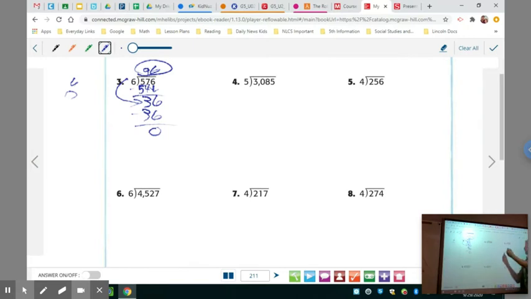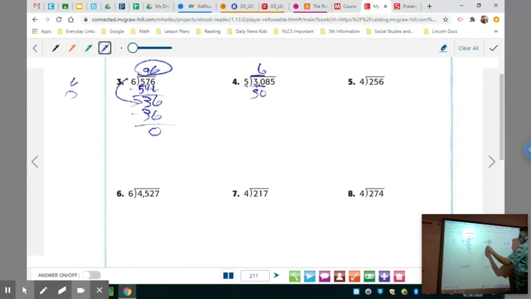Colton Johnson. Colton, will 5 go into 3? No. Will 5 go into 30? How many times? 6 times. Notice how I put the 6 above the 30. See how this is the line for the 30. Put it above that. So now what? You divided. Okay, what's 5 times 6? All right, good.